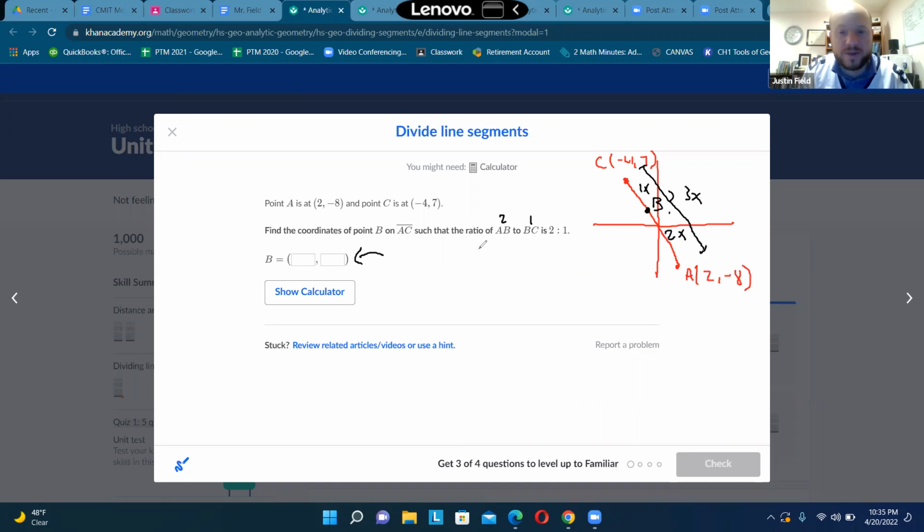The horizontal and vertical distances from A to C, kind of like when we did dilations. So the horizontal distance from A to C: we go left from 2 to -4, that's left 6. And the vertical distance from A to C, we're going up from -8 to 7, which is 15.